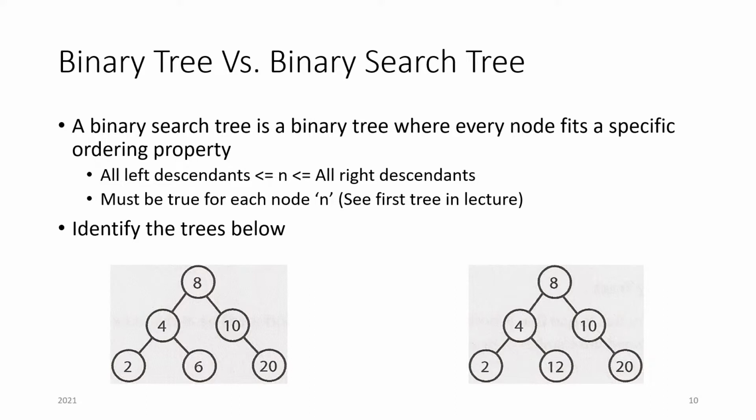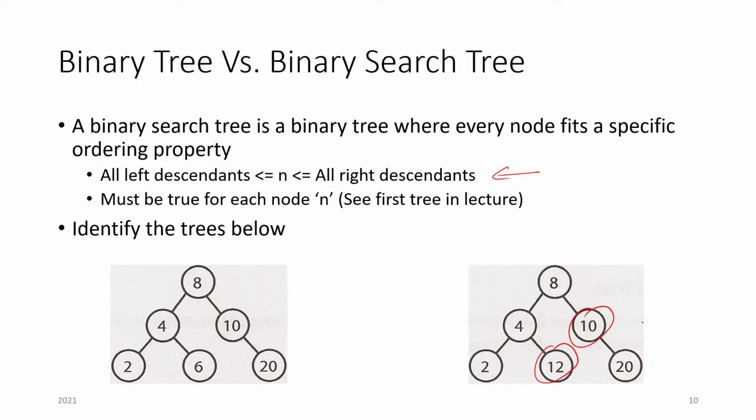Alright, so the majority of people voted for left, and yes, the left tree is a binary search tree, where the right tree here is just going to be a binary tree. The reason is that 12 and 10 here don't match up with our rule: the left descendants must be less than or equal to n, which must be less than or equal to the right descendants.